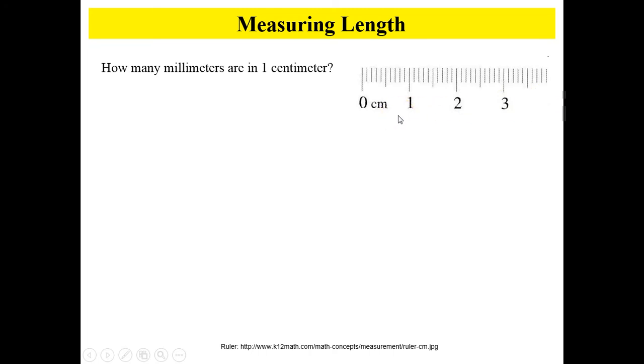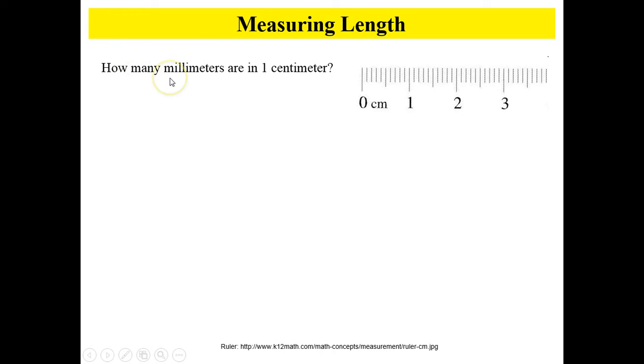The great thing about measuring length in the metric system is that every time you see a number written on your measuring tool, any line in between two numbers represents the decimal. So all you have to do is know how many whole numbers your object measures, and then you would put a decimal point after that whole number and count how many lines are after it. That number would go after the decimal point.